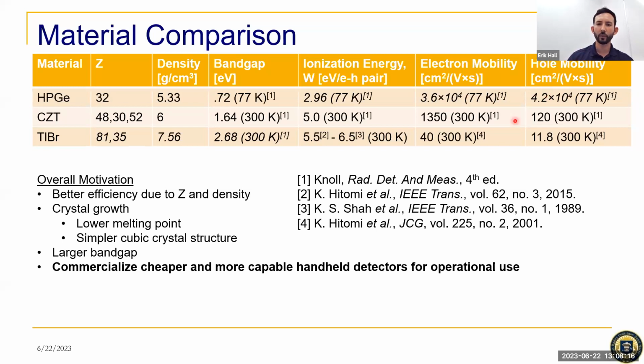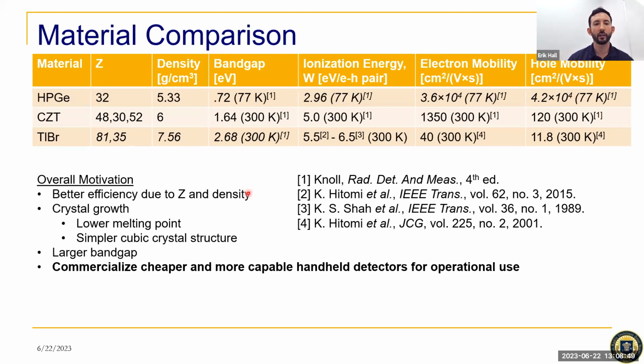Whereas with other materials like CZT and thallium bromide, there's a significant difference between the mobility of the electrons versus the mobility of the holes. So we call these materials single polarity charge sensing. On the time scale that we're looking at for the movement of an electron, the holes have barely moved at all, so we essentially consider them to not move. When we're looking at our signals, we're basically only looking at the movement of the electrons.